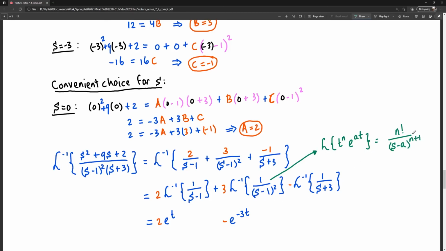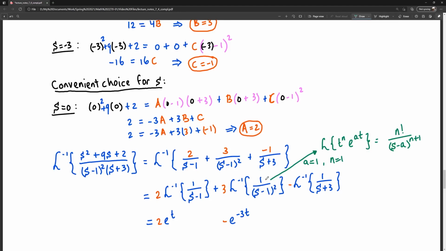So we need to compare this expression with our expression. Comparing s minus 1 with s minus a, we see that a is equal to 1. And then compare n plus 1 with 2, so that means that n equals 1. You also see that the 1 factorial matches up, so we don't have to multiply by any fraction to make that work.